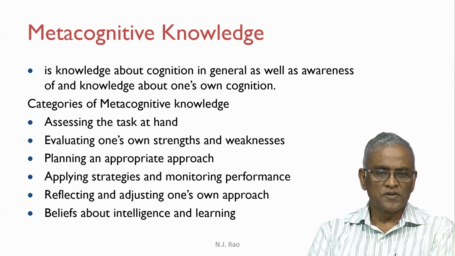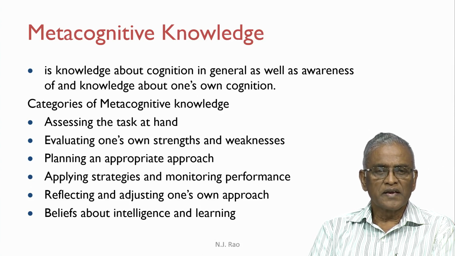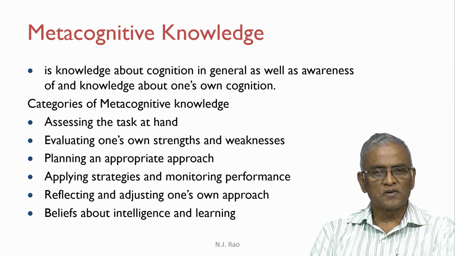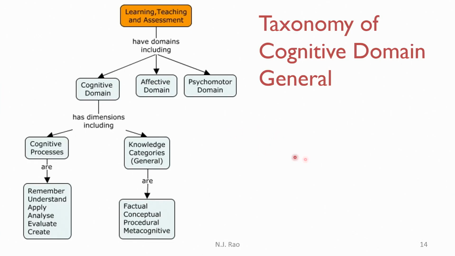And I am sure when you talk to each other in common parlance, we make an endless number of assumptions about our metacognitive knowledge. Now, let us put all these things together into a kind of diagram. Learning, teaching and assessment have domains including, as we have already mentioned, the cognitive domain, affective domain and psychomotor domain.